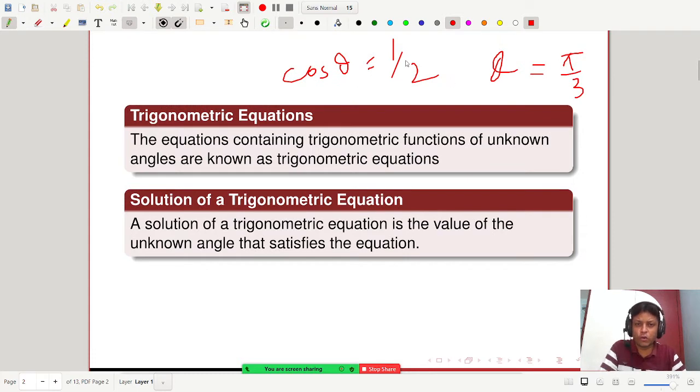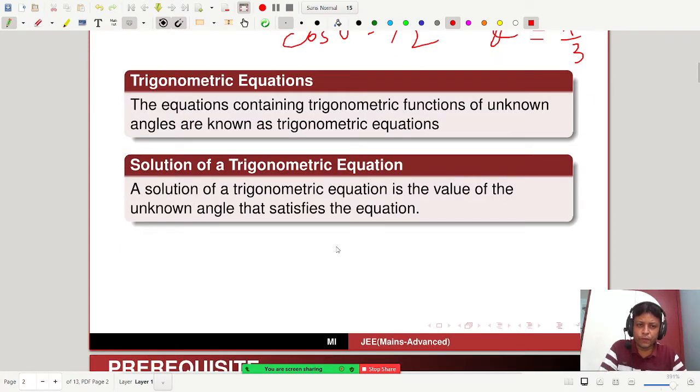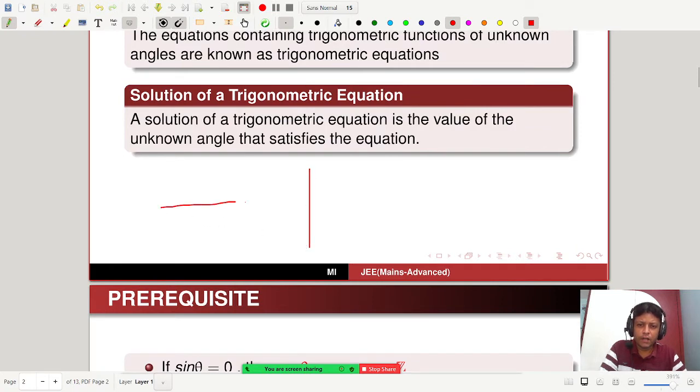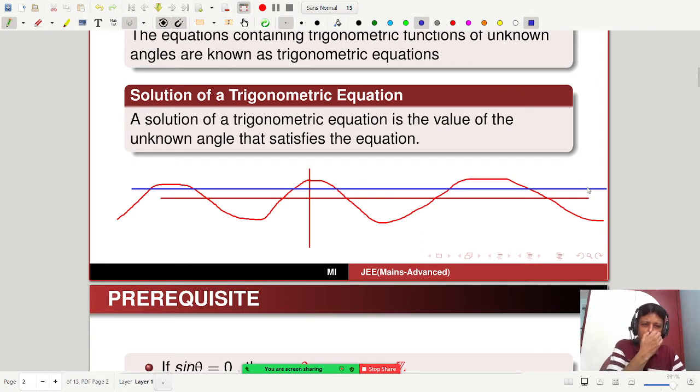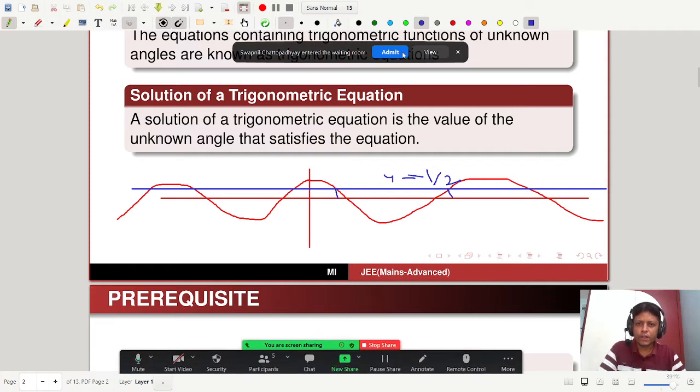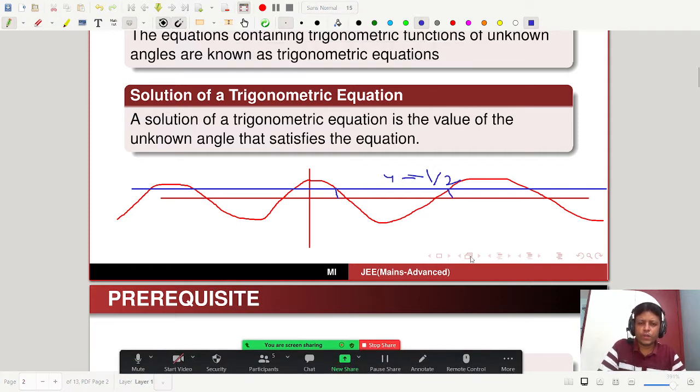So cos theta equal to half for theta equal to pi by 3. If you draw the diagram, I will show you here. This is your cos, the periodic function, and if you draw the line y equal to half, you see not only for pi by 3, you have the third quadrant also.